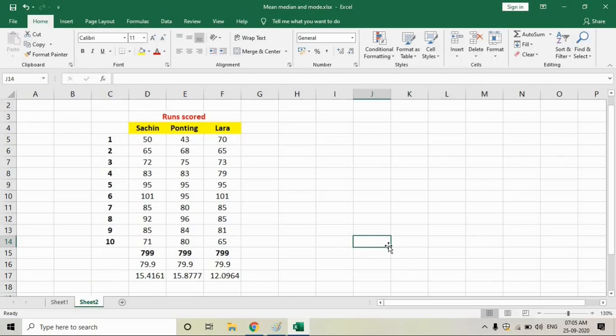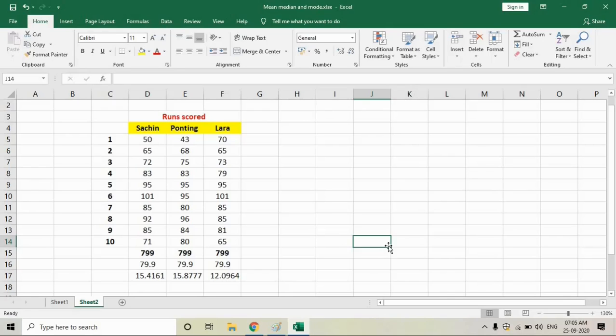And you can say that Lara is the most consistent batsman among these three because he has got the least value, that is 12.09, and he is consistent throughout the 10 matches. Both Sachin and Ponting have more standard deviation compared to the third batsman.